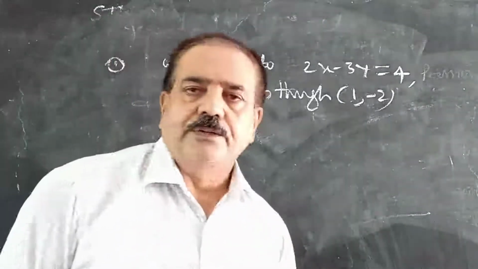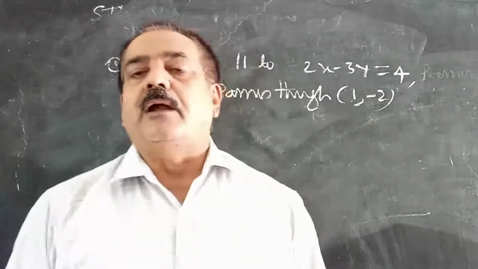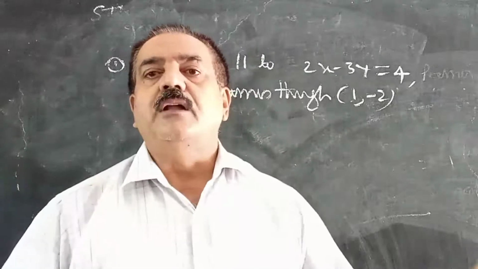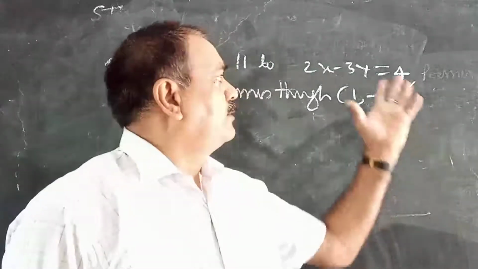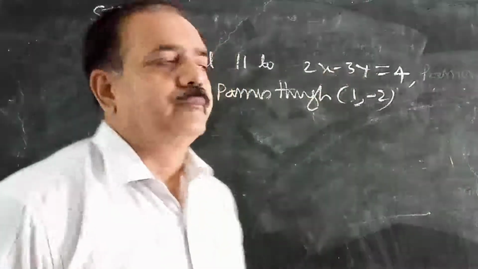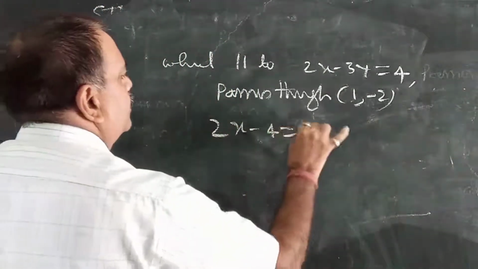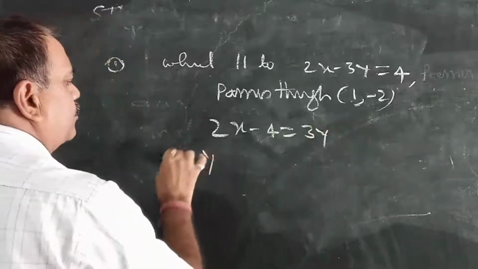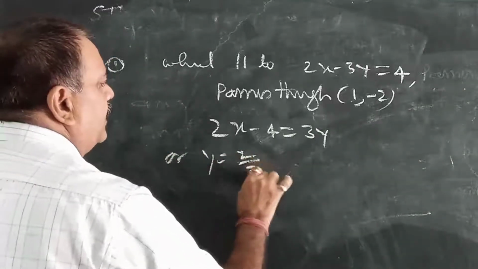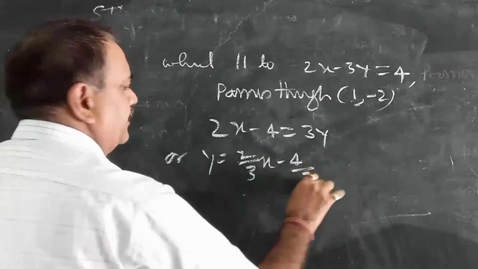Then we know that if two lines are parallel, their slopes are equal. So first of all, find out the slope of the given line. For this we write 2x minus 4 is equal to 3y, or y is equal to 2 by 3 x minus 4 by 3.